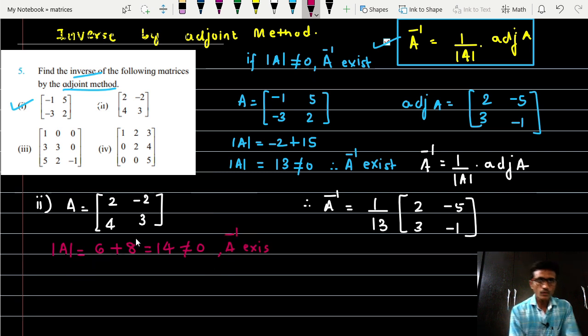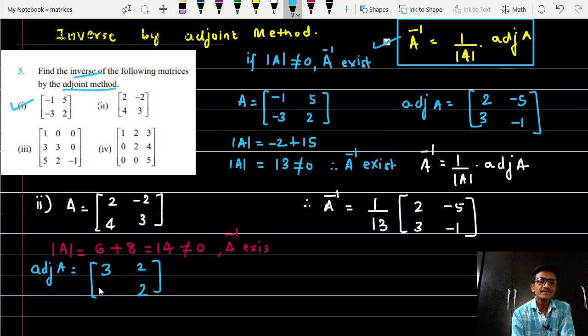Now the adjoint of this matrix, adjoint of A, is equal to: we interchange these diagonal elements, so 3 and 2, and change the sign of the non-diagonal elements, so the non-diagonal elements will be this.